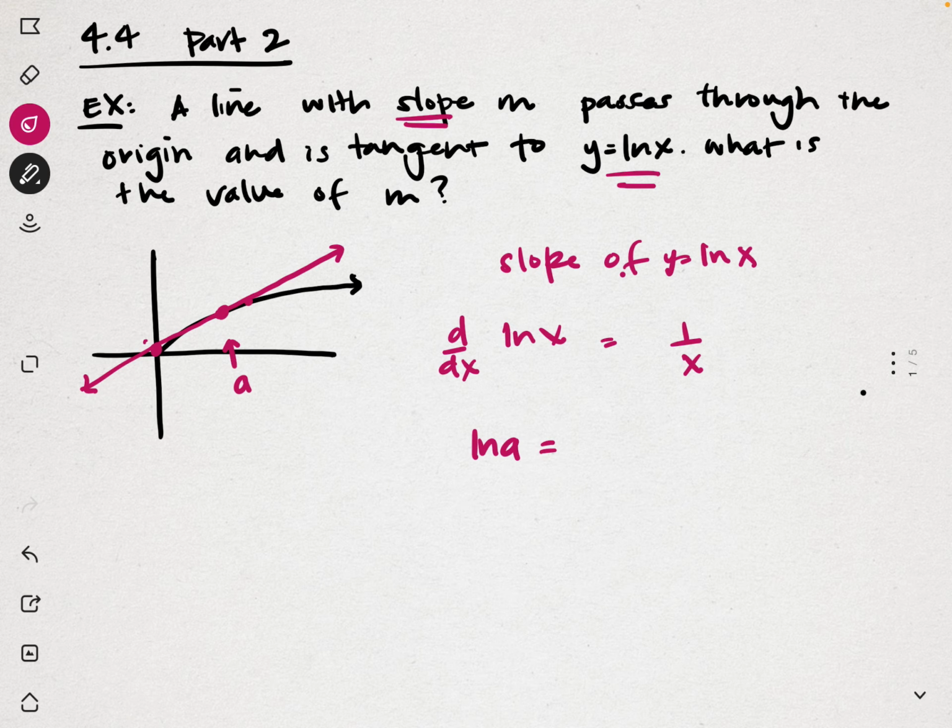Oh, so at A, then our ln A is where we're at. So this is going to be our x and y. Okay, so let's do that again.